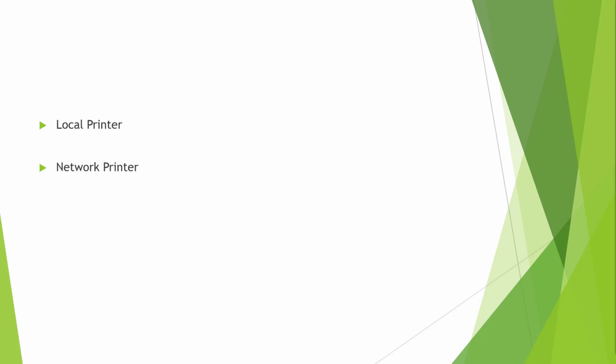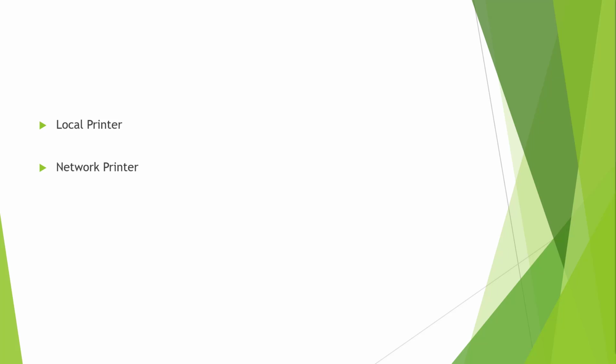That's typically going to either be on the network, so the print device will be directly on the network, or the print device will be directly connected to a machine, and then the machine will share the printer. That way, when you share the printer through a machine, you will be sending the print jobs to that machine, and that machine will process the print job and send it to the printer. As opposed to the network printer, where the printer itself is directly tied to the network and shared on the network.